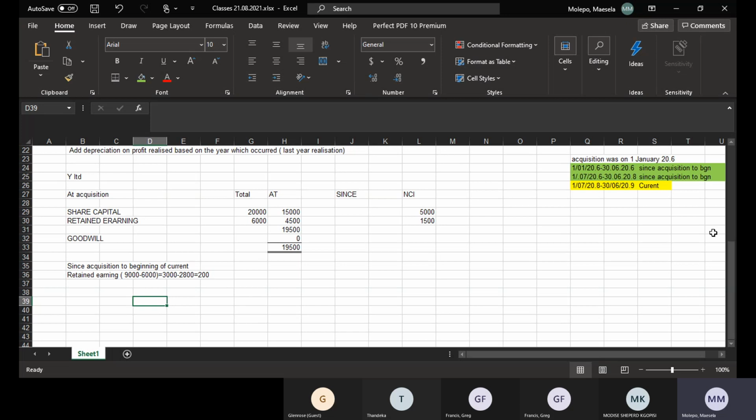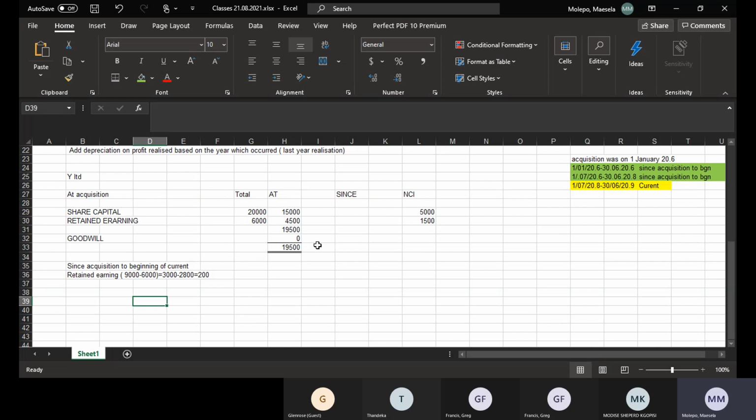So we want the balance as at 1 July 2008, which comes from the prior financial year. In the prior year, we had the 6 months whereby the asset was being used, because it was purchased on 1 January 2008, and between 1 January 2008 and 30 June 2008, AX Limited as the parent was using that asset.